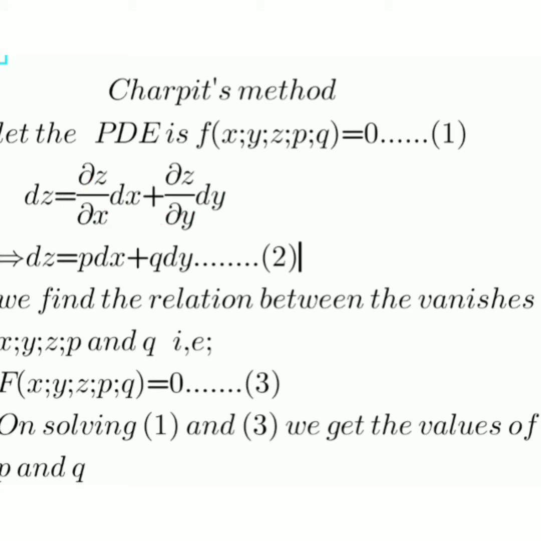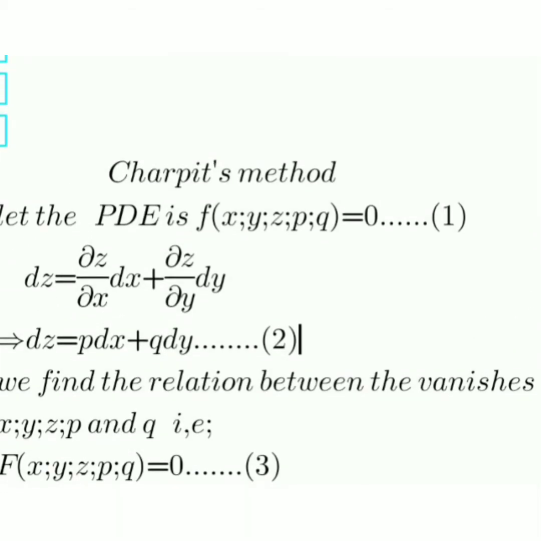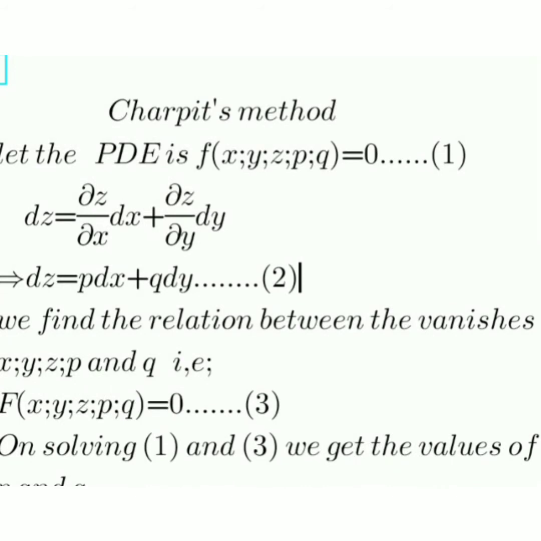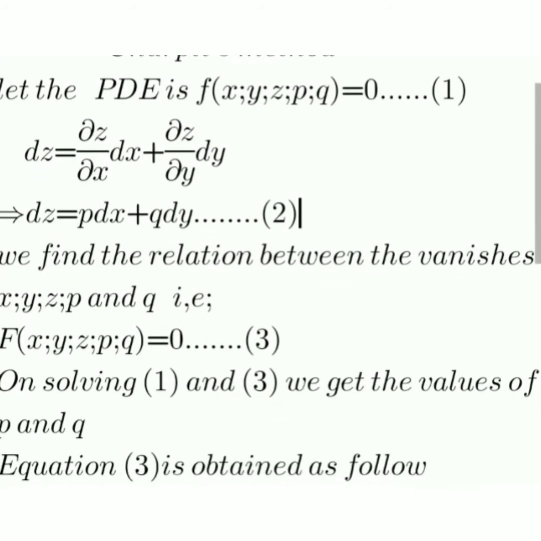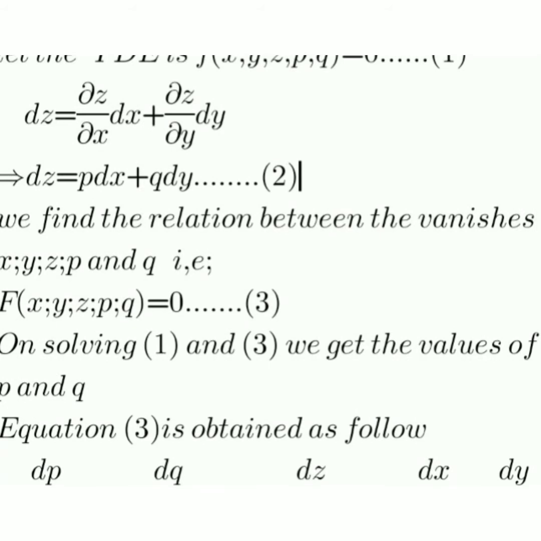So dz can be written as del f by del z, as z is a variable of x and y. That's why, friends, I can write dz is equal to p dx plus q dy. We find the relation between the variables x, y, z, p and q such that capital F(x, y, z, p, q) is equal to 0.